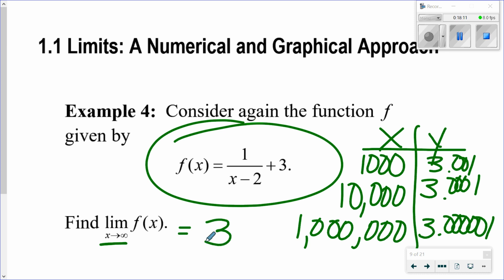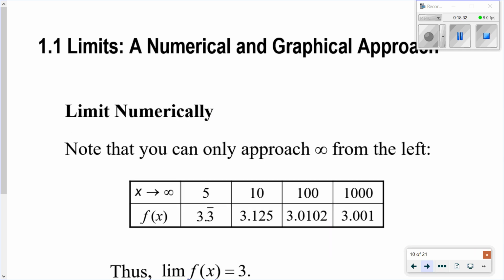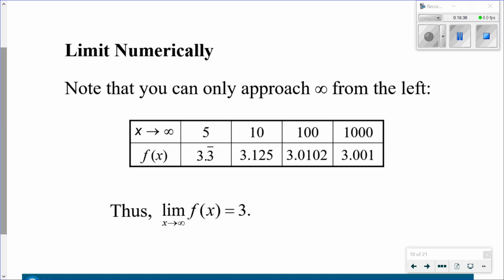Again, I don't care what the number is when I'm actually at infinity, because I can't actually get to infinity, so that would be impossible to do. But I want to know what we're trending toward. And we can see the closer and closer we get to infinity, meaning the larger x values we put in, we are trending toward 3. And here are the tables for that same thing.